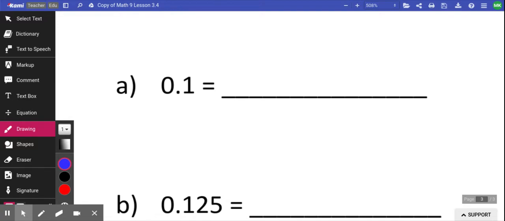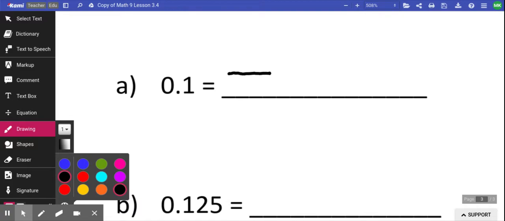So if I want this thing to be a fraction, I'm going to start off by just writing a fraction. I'm going to look at my decimal, and I'm going to take the decimal spot and move it to the right until it's no longer a decimal. So if I moved it to the right, I would now have 01, which would be 1 on the top.